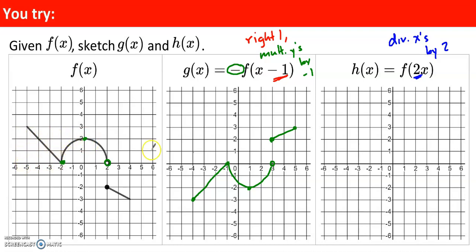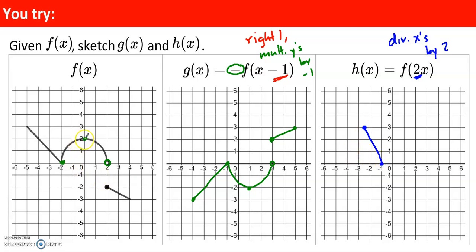So the point that was at negative 5, 3, if you divide the x by 2, you get negative 2.5, right about there. The end of that segment was at negative 2, 0. If I divide the x by 2, I'm at negative 1, 0. That whole segment should look something like that.